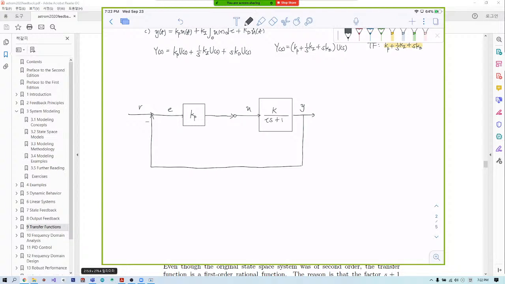And also we take an integration, and remember everything is expressed in the Laplace domain. So instead of explicitly writing the integral sign, we just divide it by s. And the thing goes here.